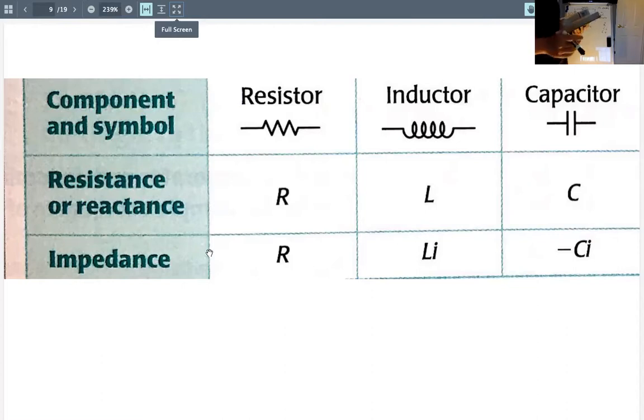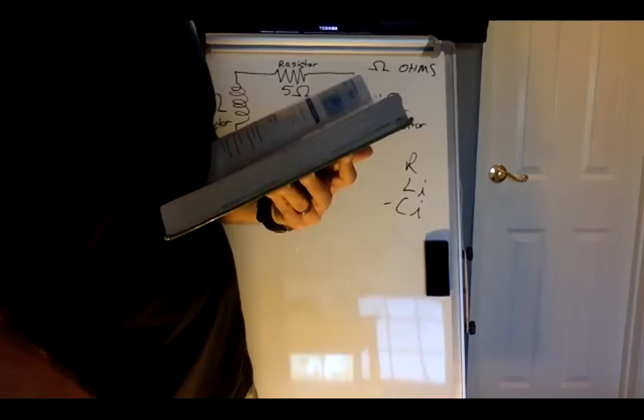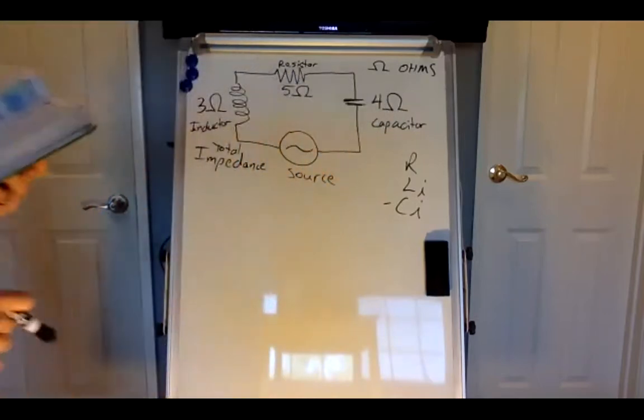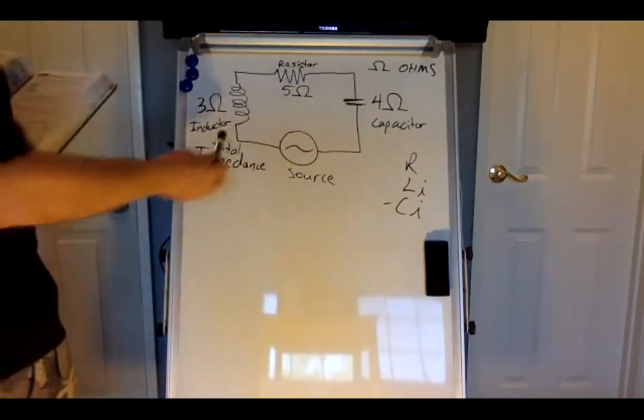The table that we saw showed the relationship between a component's resistance or reactance and its contribution to impedance. The lower row is the contribution to the overall impedance in the circuit. A series circuit is also shown on the board, with the resistance or reactance of each component labeled.